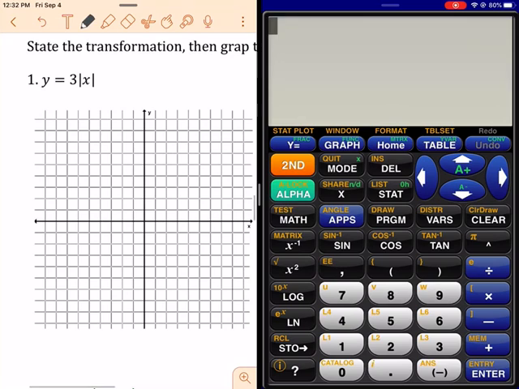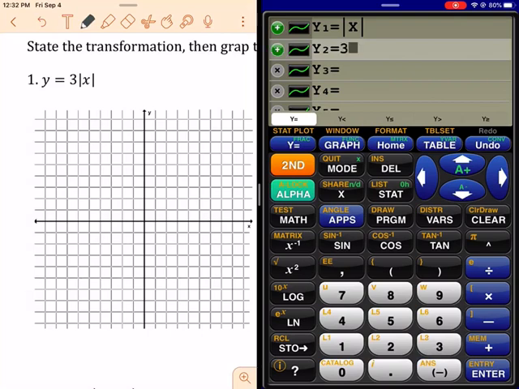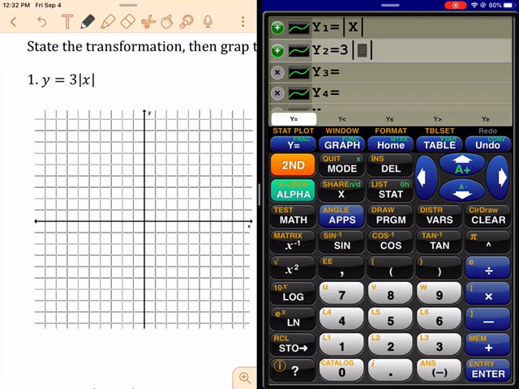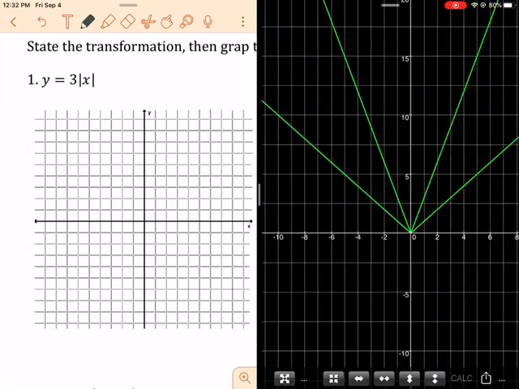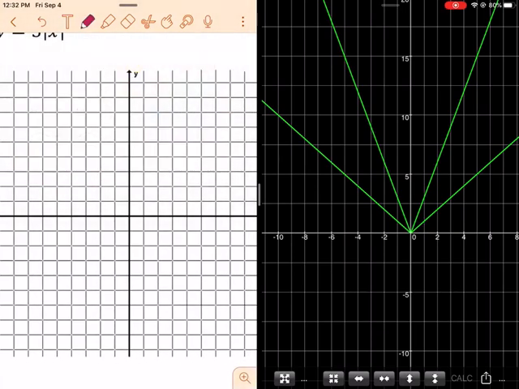Okay, all right, so let's try this one. So 3 times the absolute value of x. Notice it's more stretched compared to the original. So I'm going to graph the original.